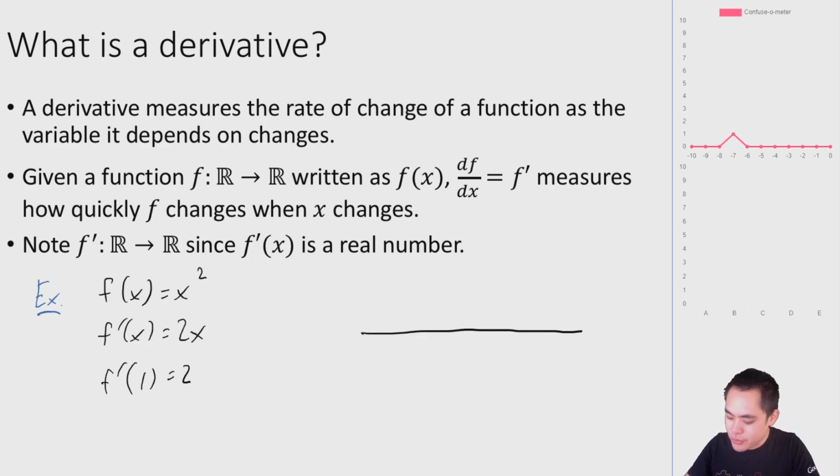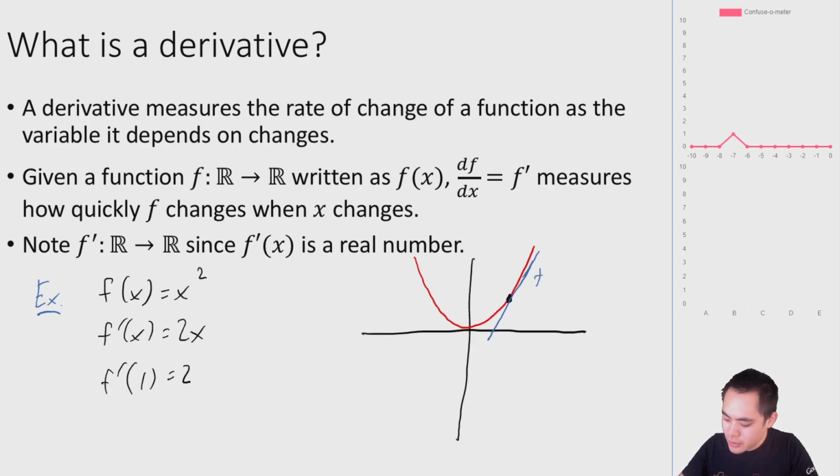If we draw this out, you have seen this before, but let's just go ahead and draw it. Let's see if I can draw a slightly better parabola this time. At the point (1, 1), you have a tangent line here.